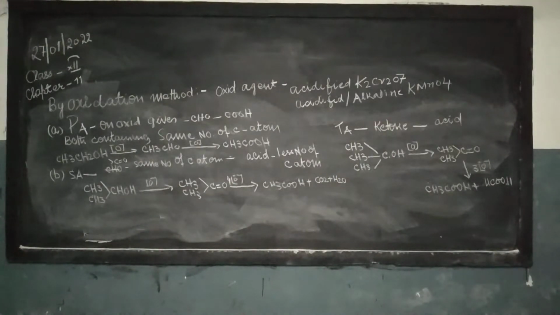Primary alcohol on oxidation first gives aldehyde and on further oxidation gives acid. Both aldehyde and acid contain the same number of carbon atoms as present in the original alcohol.